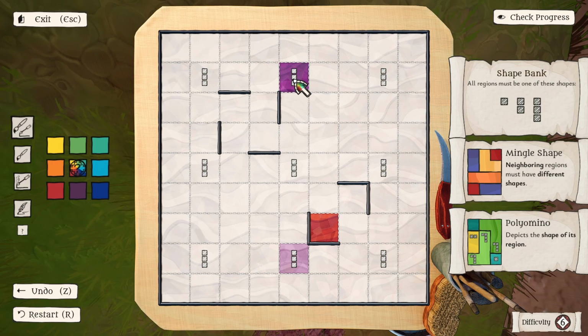This one, it can't come to here, it can't go to there, which means it's going to be either that or that, which means this one is going to interfere with it, and that can't be part of a triple.